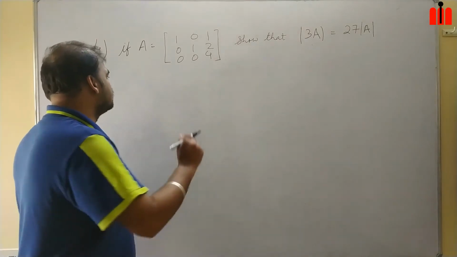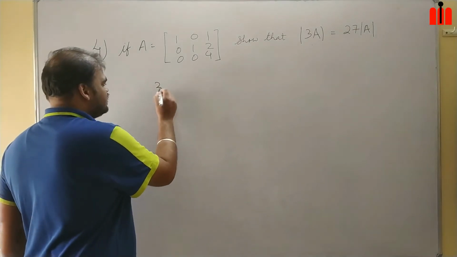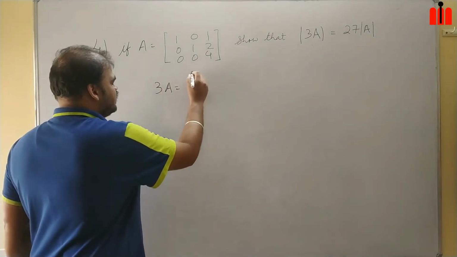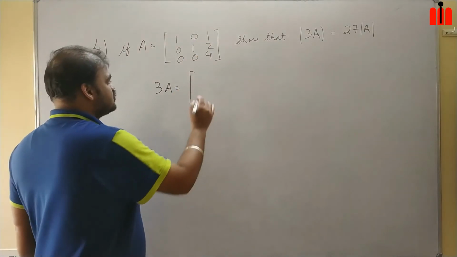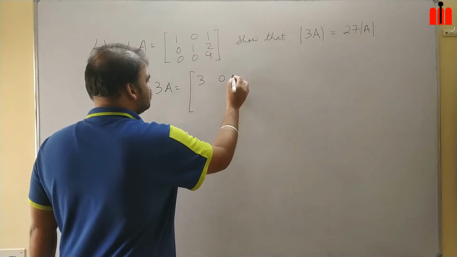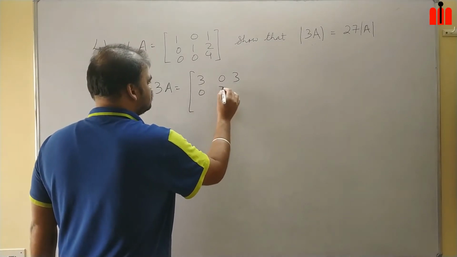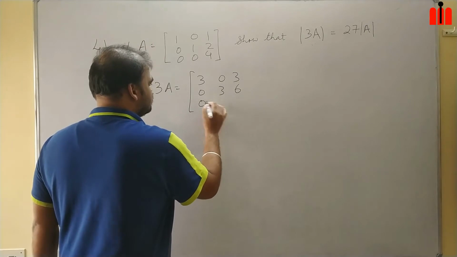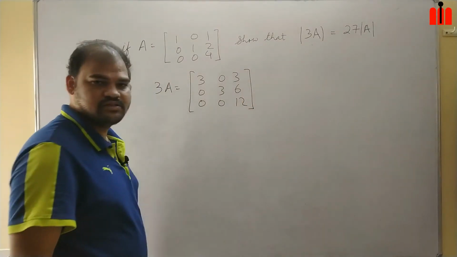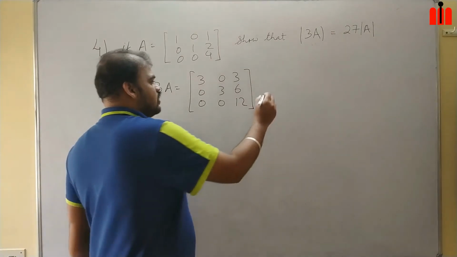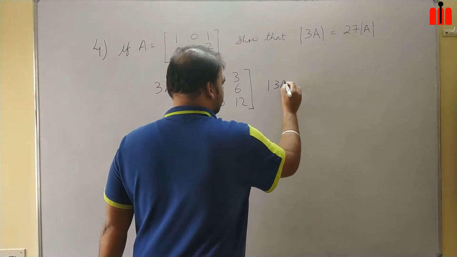So what will be my 3A? 3A will be 3 multiplied to each and every element, right? So it will be 3, 0, 3, 0, 3, 6, 0, 0, 12. This will be 3A. Now determinant of 3A we have to find.